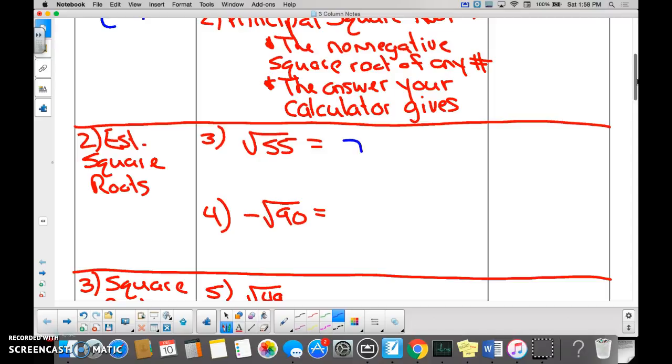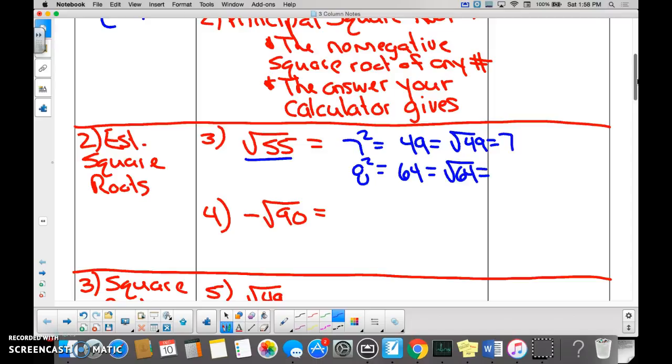You know that 7 squared gives you 49, which in turn means the square root of 49 equals 7. Square root of 55 is what we're trying to evaluate. 8 squared equals 64, which is the square root of 64, which brings you back to 8.